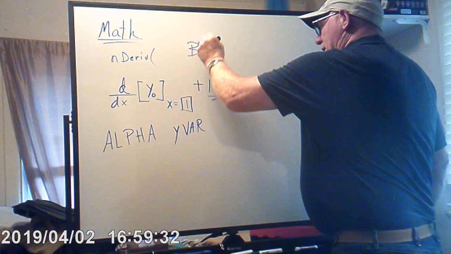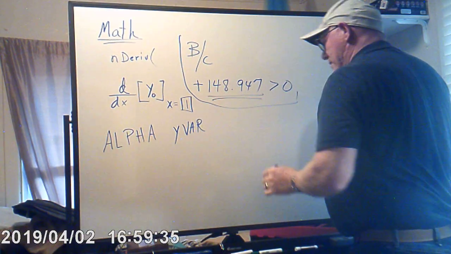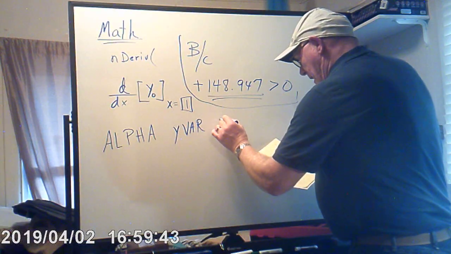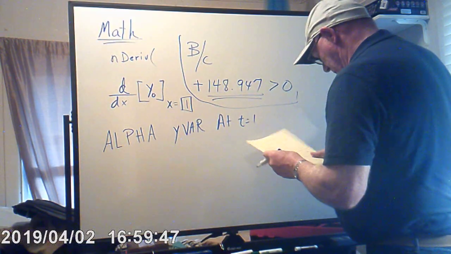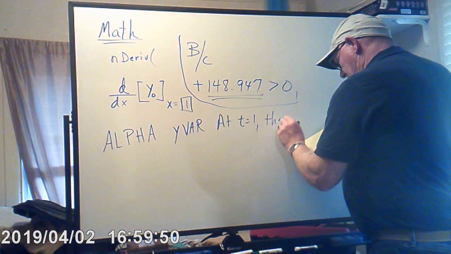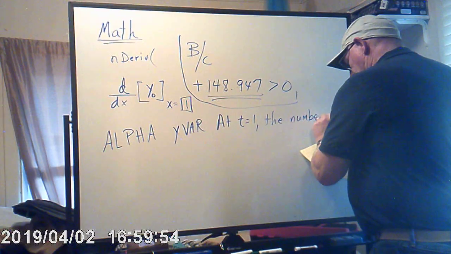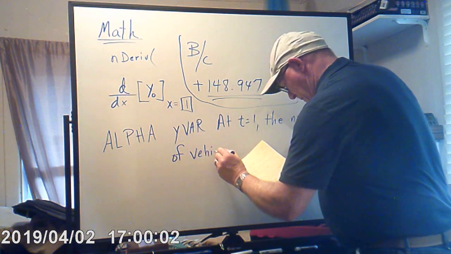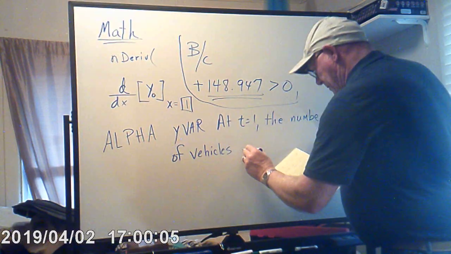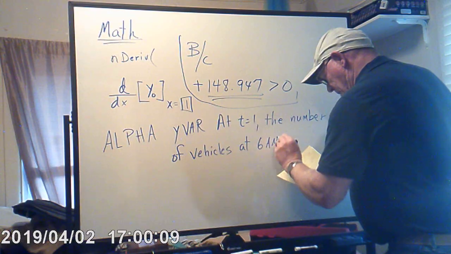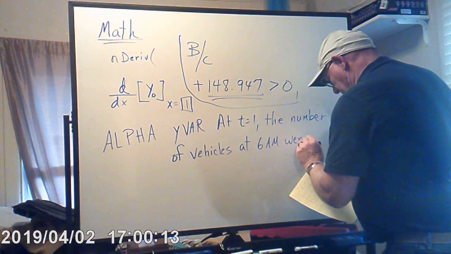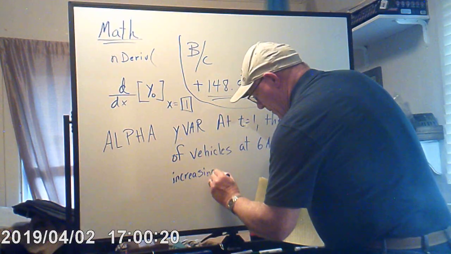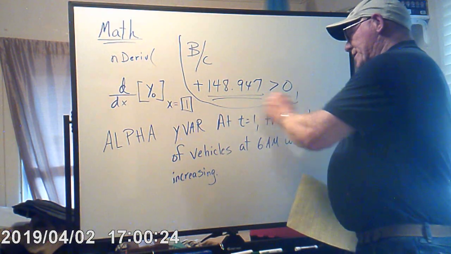You might say because this number is greater than 0, at t equals 1, the number of vehicles at 6 a.m. are increasing. So that's what you should have.